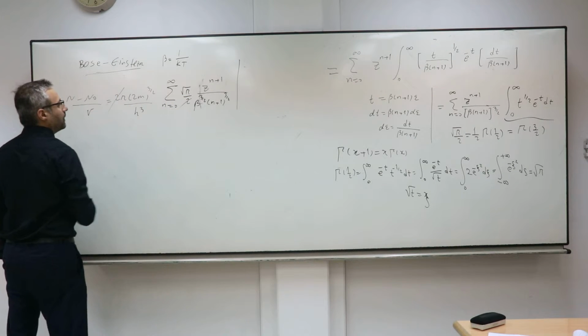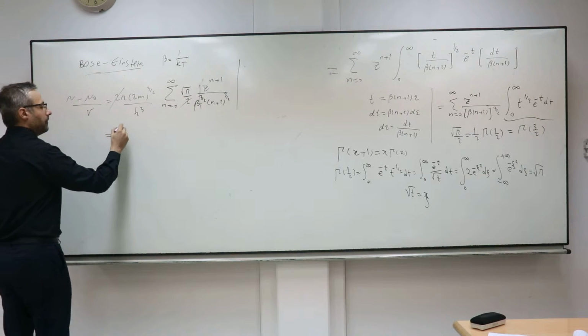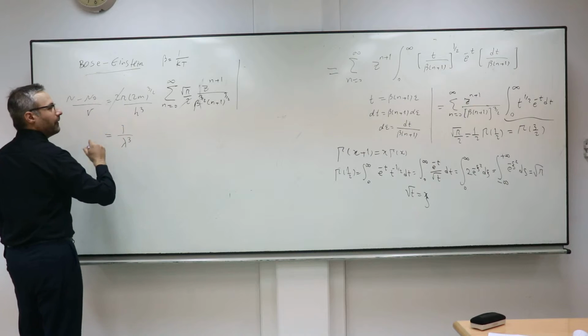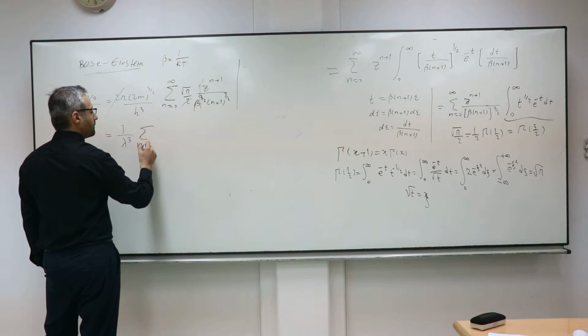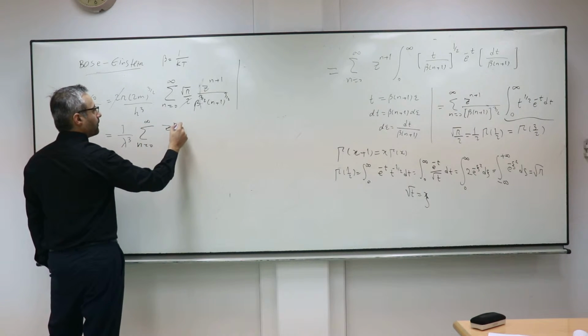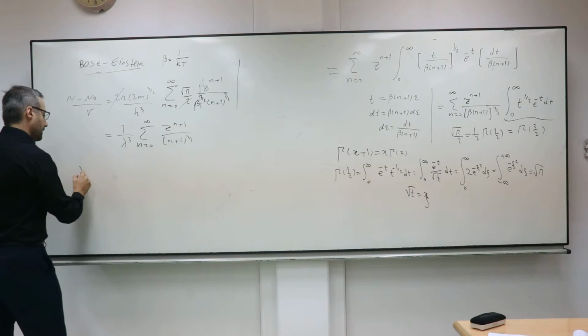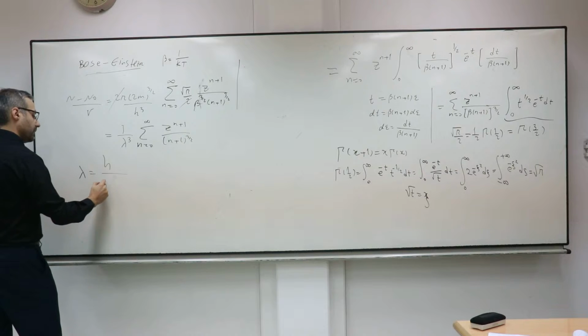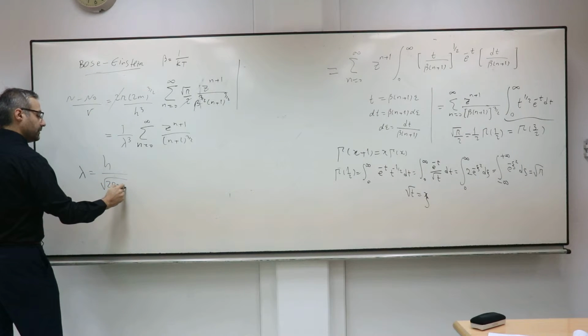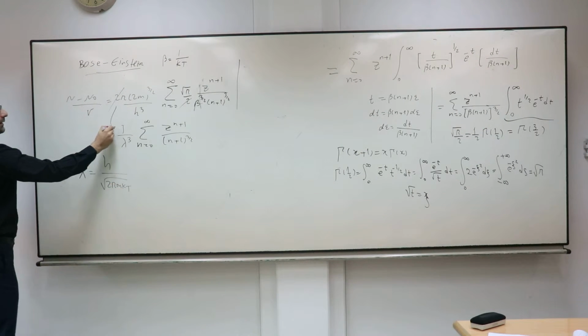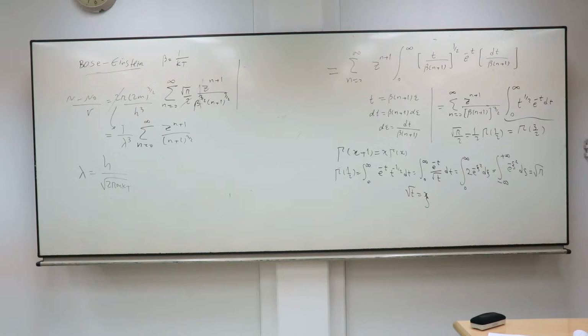So that will be, what is the lambda? Lambda is h over radical 2 pi m kT. Just try to write this in terms of lambda.